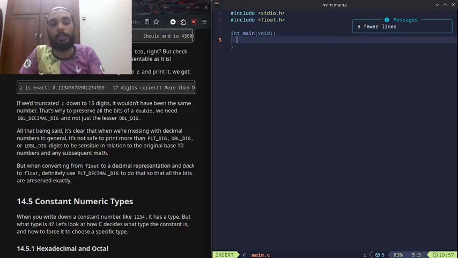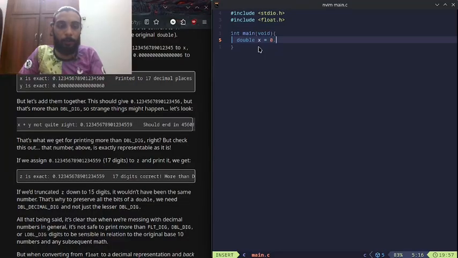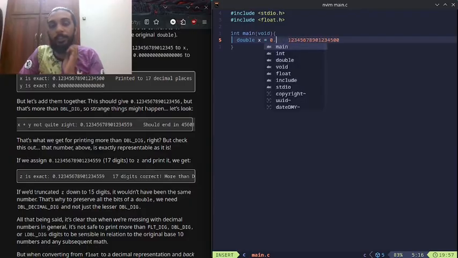Now let's just say double x is equal to this number, 0.123456234567123456789, and then zeros, and I think that's 15 digits. Counting 1 through 17, that is not how much I need, printed to 17.